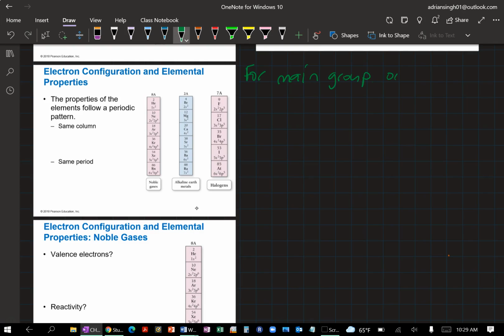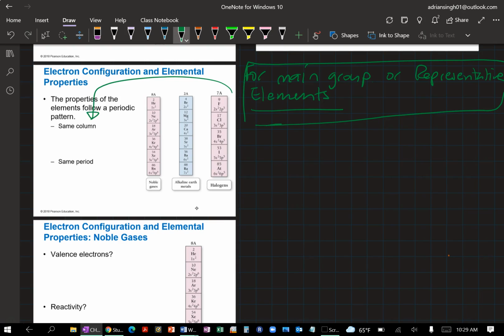Remember these belong to groups 1, 2, and then 3 through 8. What we're going to see is that the elements that belong to the same group have the same number of valence electrons. All of the trends we're going to list here are trends belonging to the main group elements.